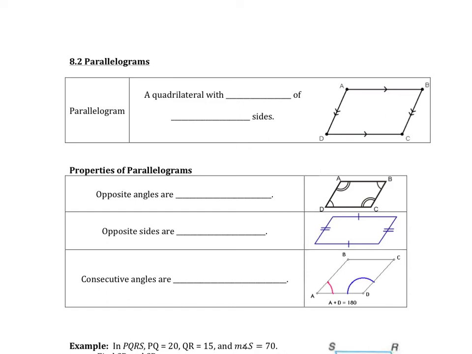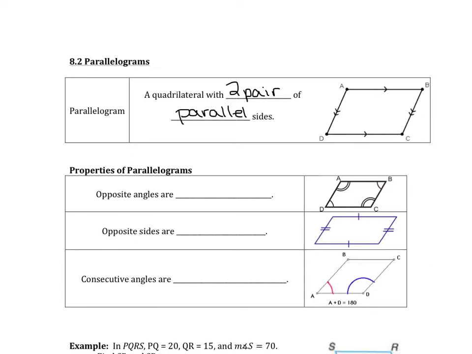In section 8.2, you're going to learn all about the properties of a parallelogram. A parallelogram is a quadrilateral with two pairs of parallel sides. So the opposite sides are going to be parallel.